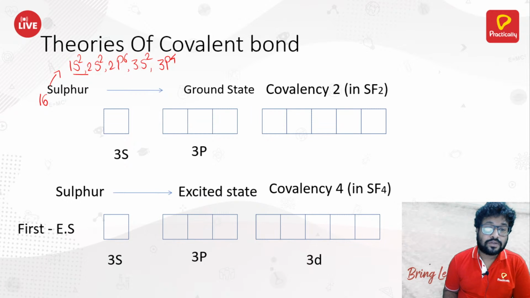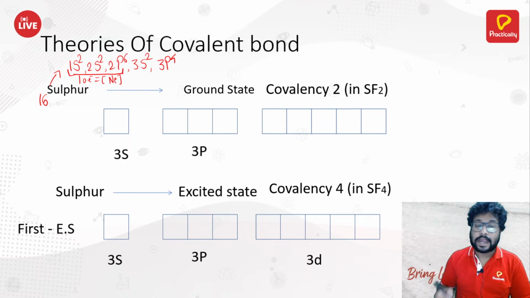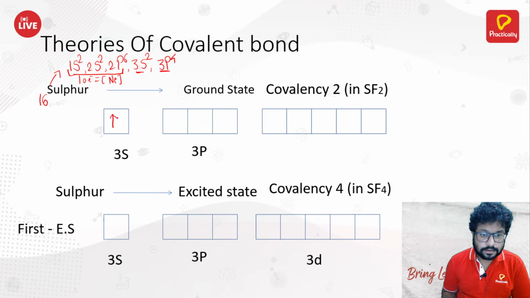Again, 1s2, 2s2, 2p6 is 10 electrons, equal to neon, so that is going to be the inert core. This is your valence shell, so bonding will happen here. You have 2 electrons in 3s and 4 electrons in p.